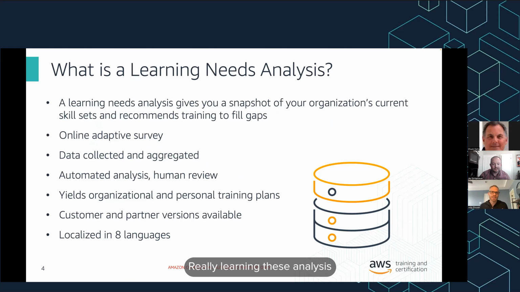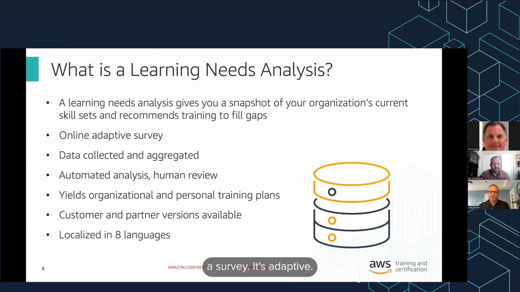First, let's cover what it means to deploy and what the nature of a learning needs analysis is. Really, the learning needs analysis, just on a 60,000 foot view, is a way for you to see a snapshot of your organization's current skills and capabilities. And that snapshot helps provide recommendations to fill those training gaps that exist across teams and across the organization in general. This analysis is essentially a survey.